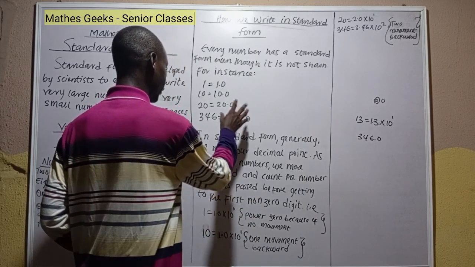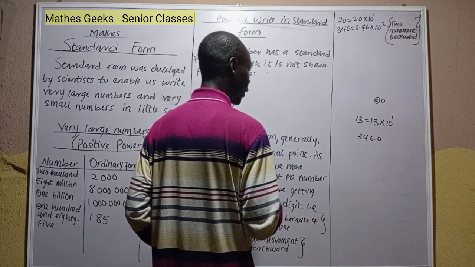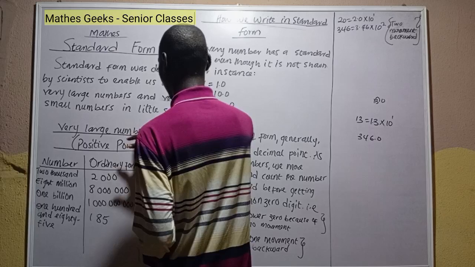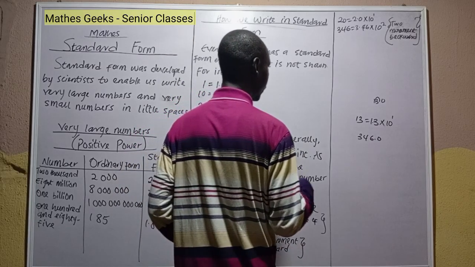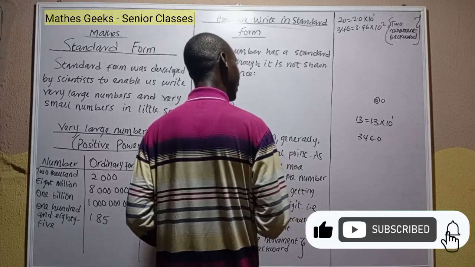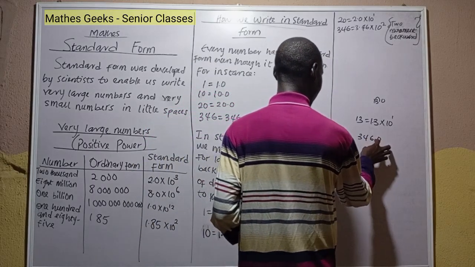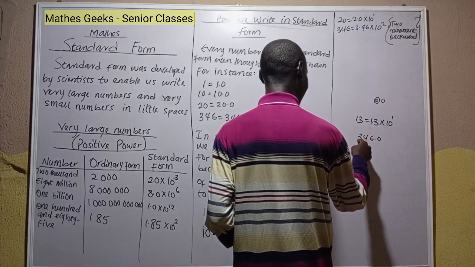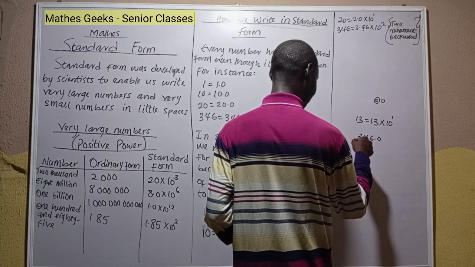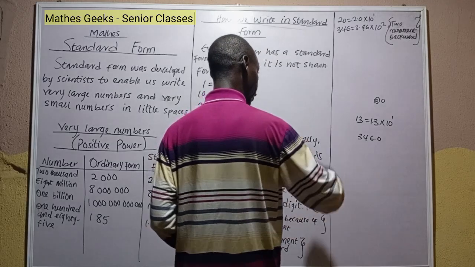So this is a large number, and in this video we are looking at very large numbers, and writing large numbers in ordinary form in standard form. So what you do is you move your decimal point until it gets between the first and second significant figures, and you drop it there.